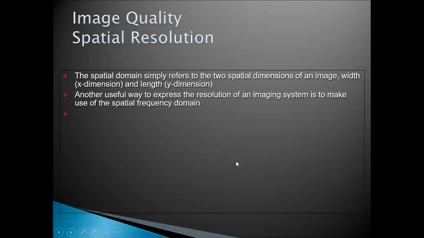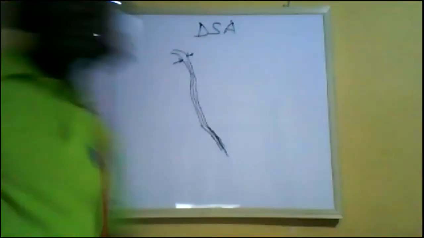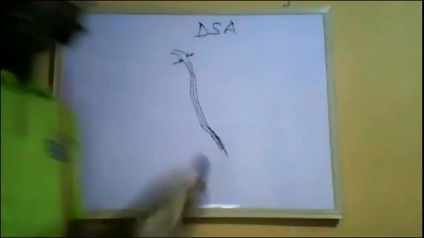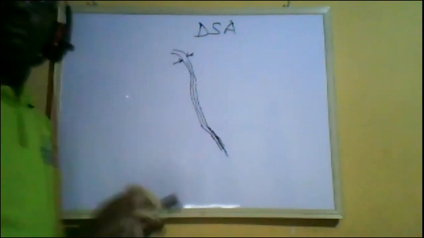The spatial domain simply refers to the two spatial dimensions of an image, the x dimension and the y dimension. Let me see that on the board again. The x dimension, the y dimension.